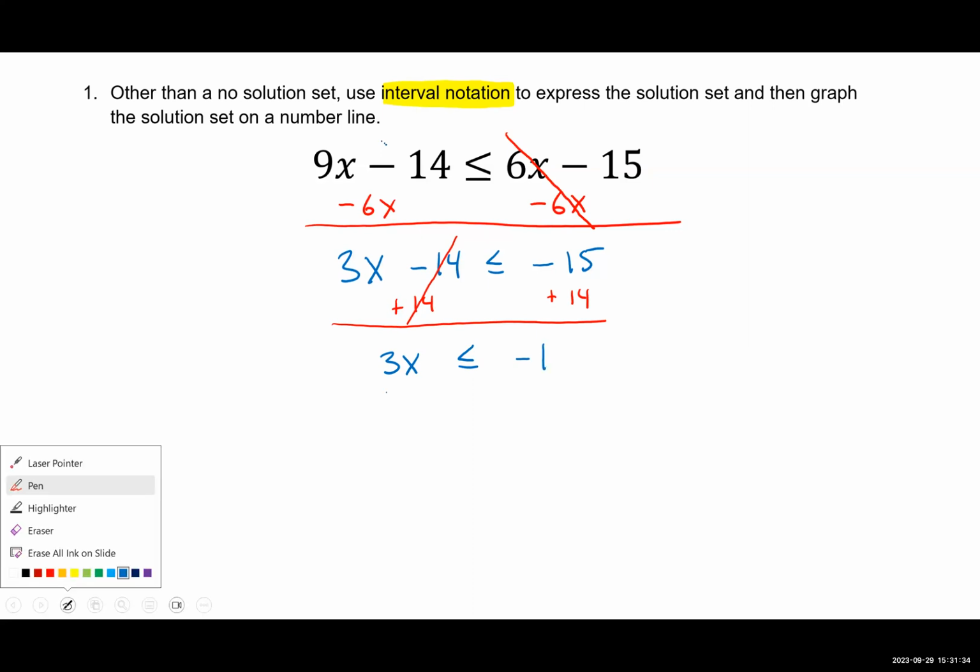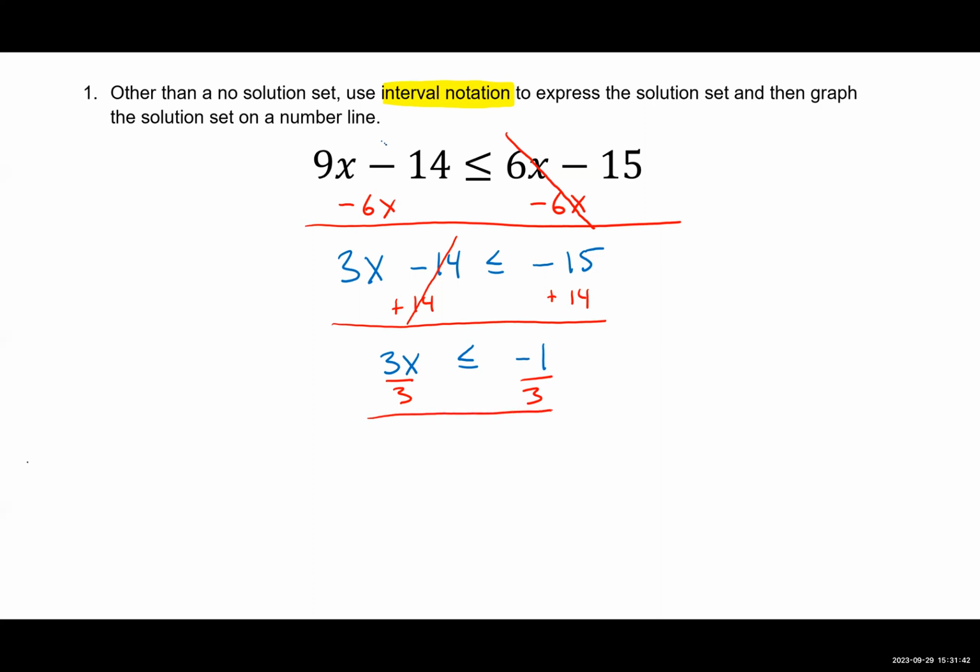Now, finally, we have 3 times x, so to eliminate times 3, we can divide both sides by 3. Notice we're getting progressively simpler with each step. Our goal is x by itself on one side, number on the other side. So now we have x is less than or equal to negative 1/3.